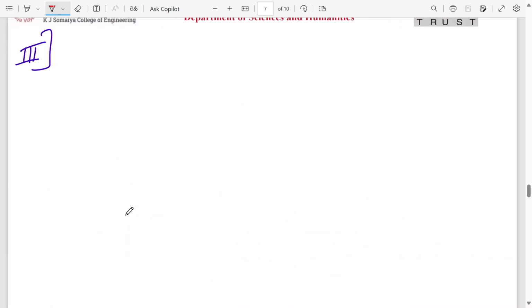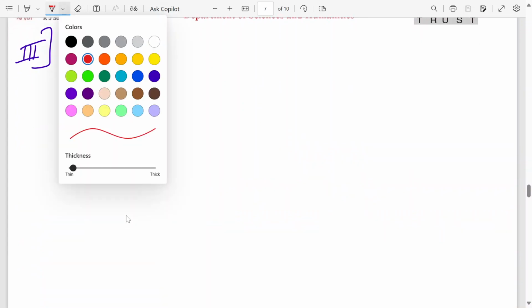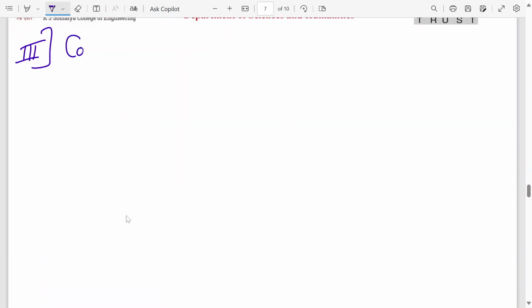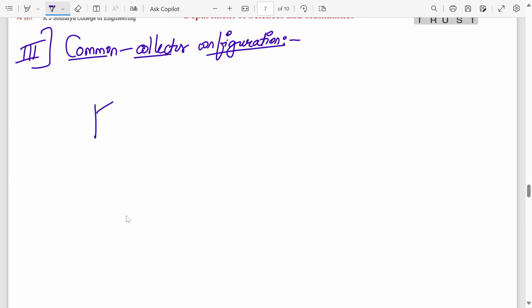Now, common collector has its applications. We'll now go to the common collector configuration. In common collector configuration, let me draw it. So we have the emitter terminal over here, collector terminal over here, base terminal over here.